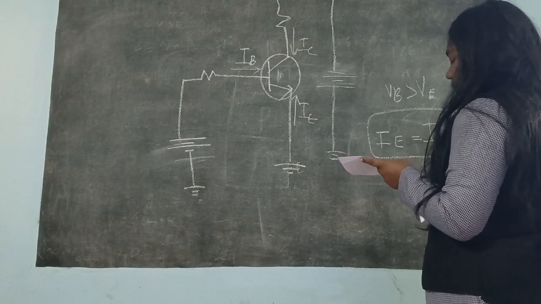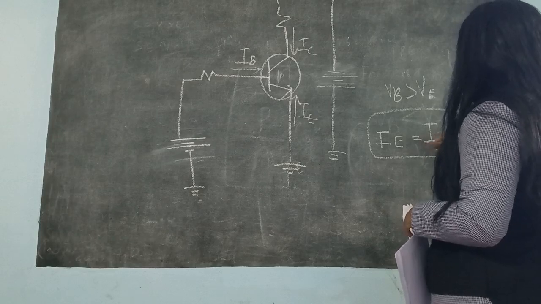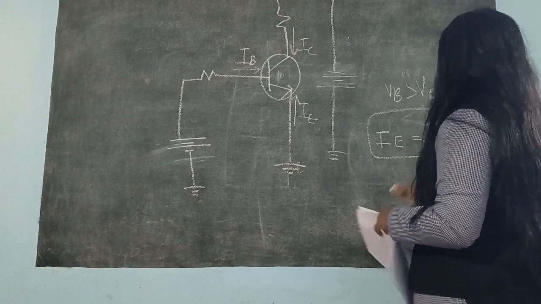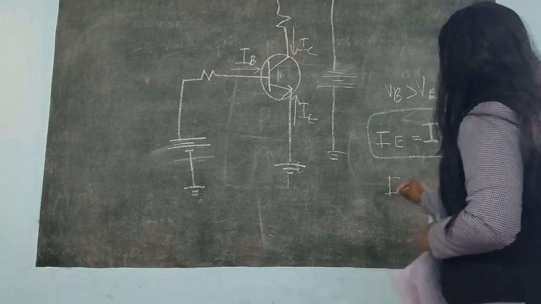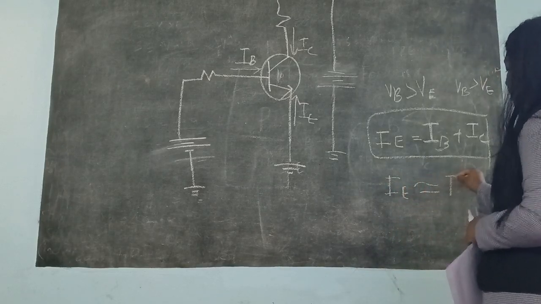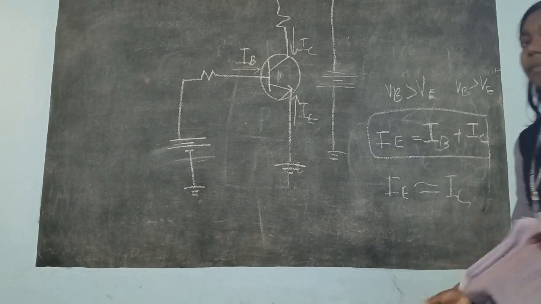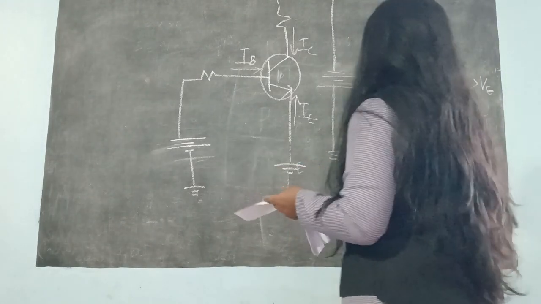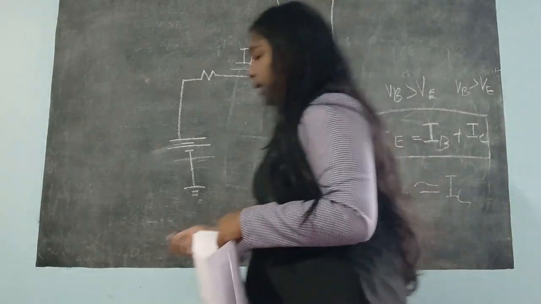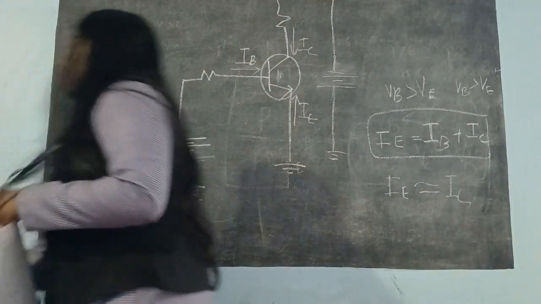We know that IB is very small. So in such a condition we can approximate that IE is approximately equal to IC. This is what we can see about the transistor currents.